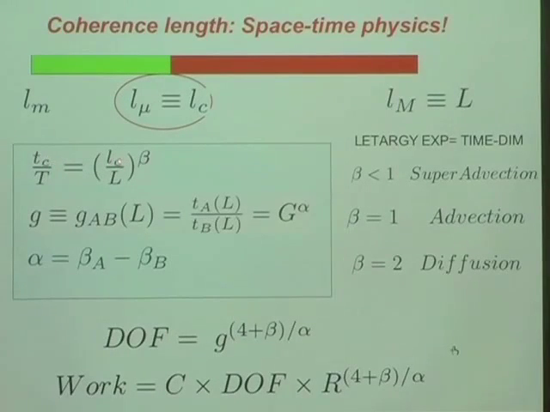If I have a coherence length L, there will be an associated time scale, and the time scale does not necessarily grow with the same power as space. So I will put an exponent beta here, which means that if I have a structure, take again a vortex of size L, it will have a lifetime t, and the lifetime t will not necessarily be proportional to its size. There will be an exponent, and I call this exponent beta.